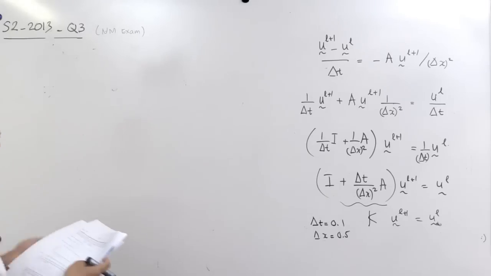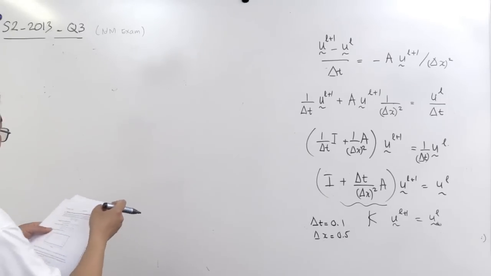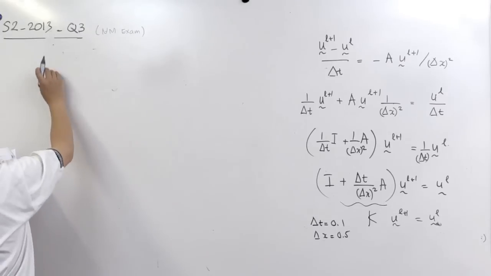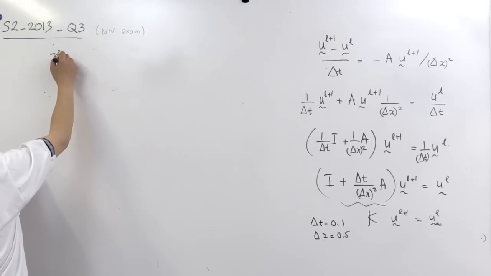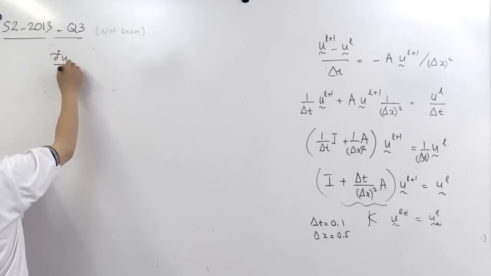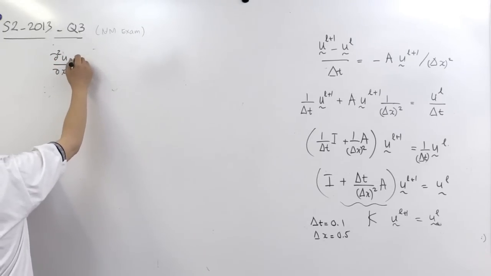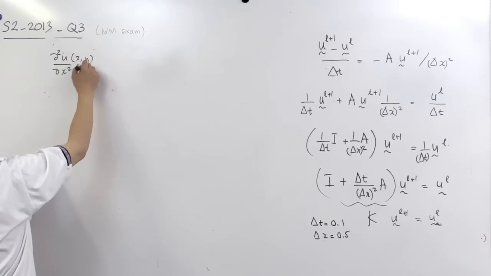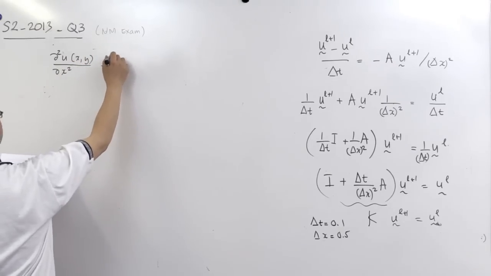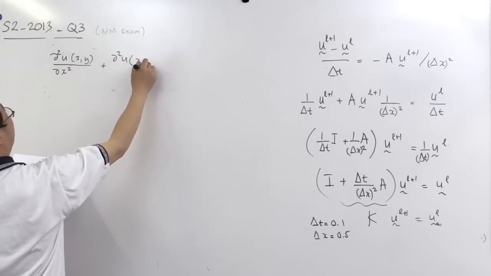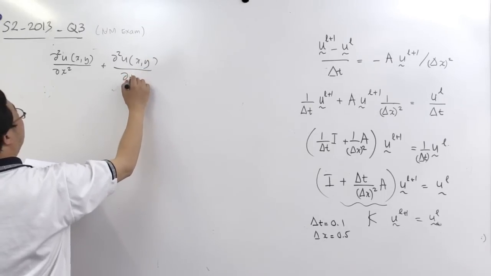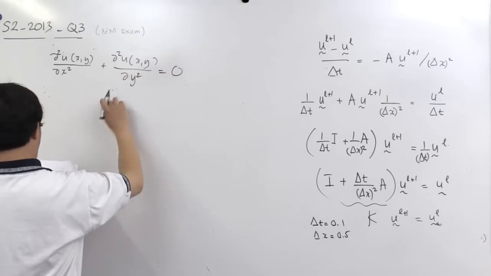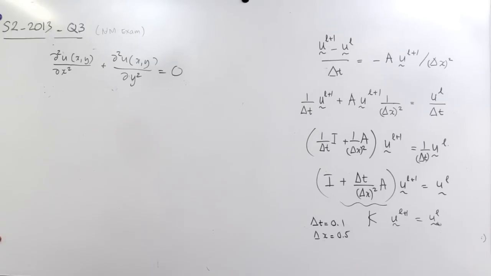So in this question, now you have to consider the two-dimensional diffusion equations. So u now is a function of x and y. And so what is the region?